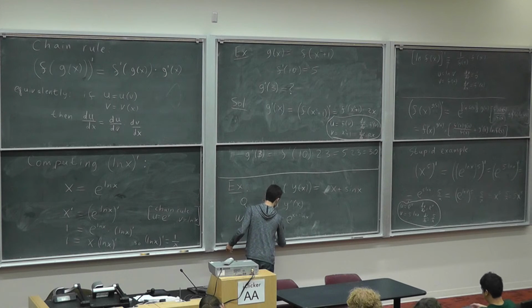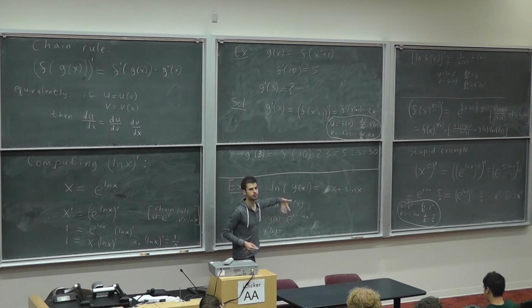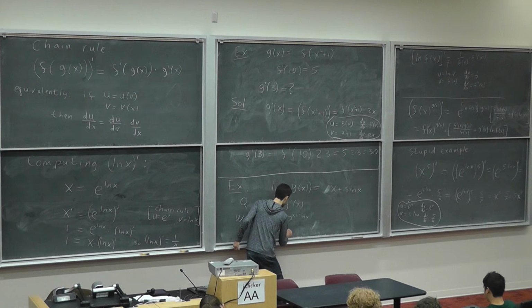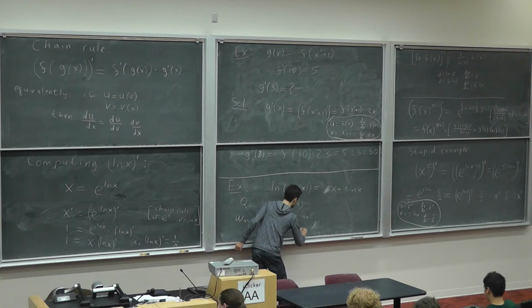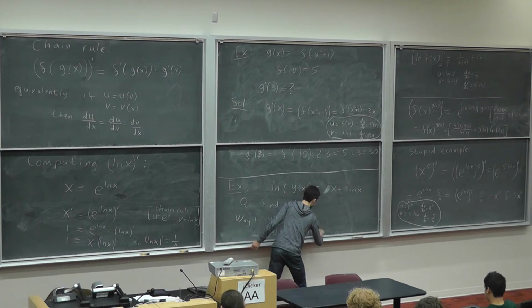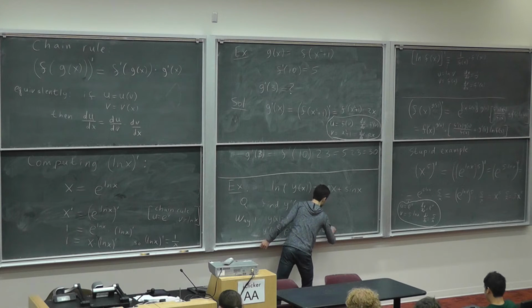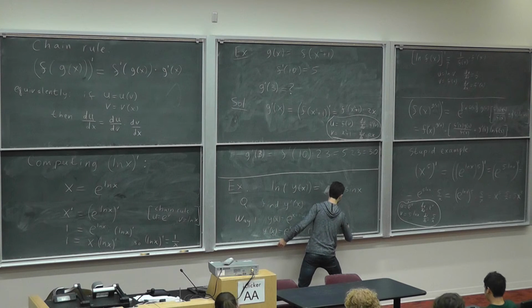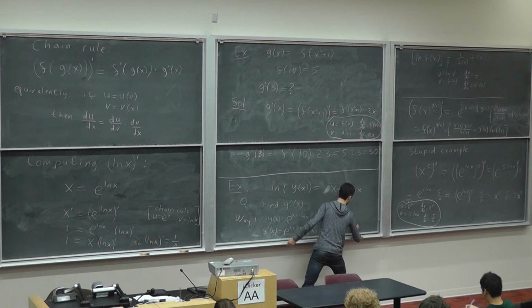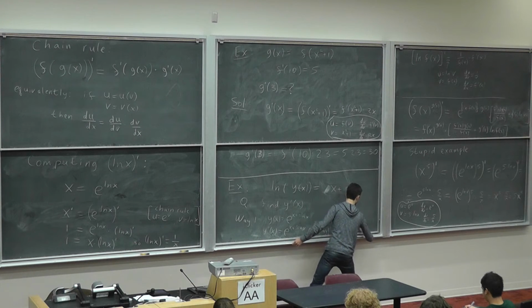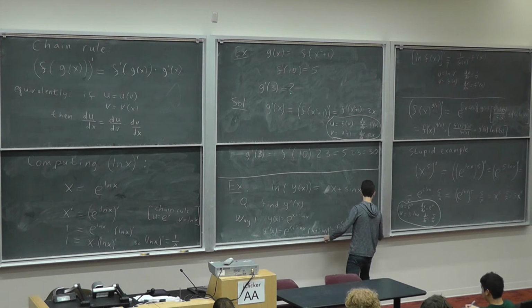Y prime of x is, well, apply the chain rule. E to the power x plus sine x multiplied by x plus sine x prime. So it will be e to the power x plus sine x times 1 plus cosine of x.